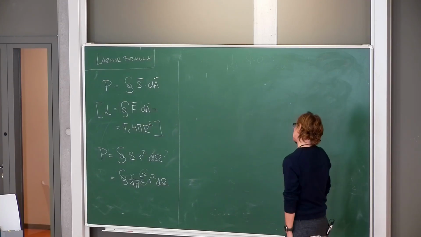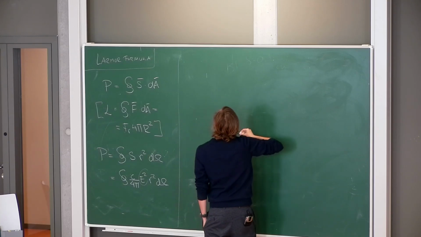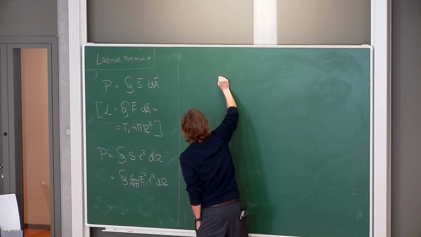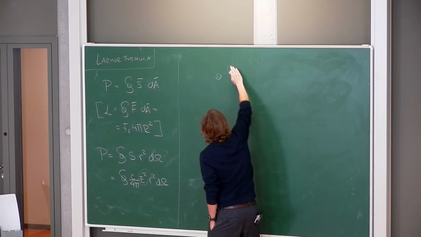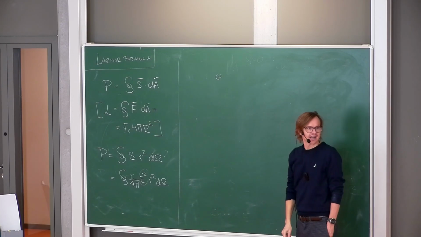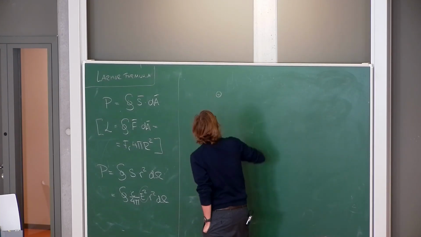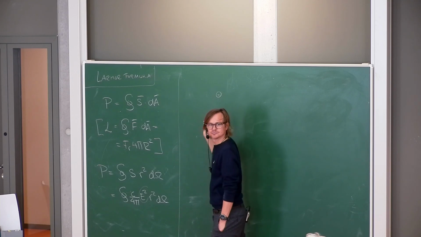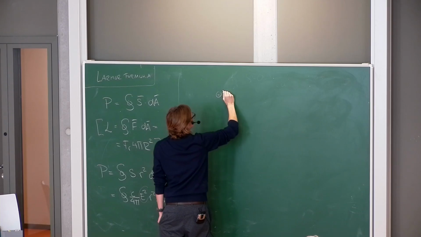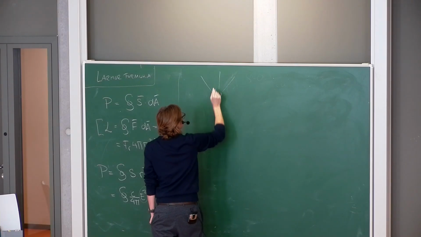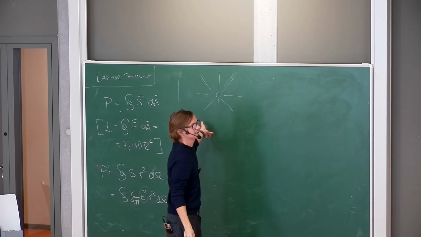So, okay, we can look at this emitted power, right? And then if we have an electron here, and now we're going to say that this is static. And we know that all the field lines here, I'm going to just draw them like this, are radial. Yeah?